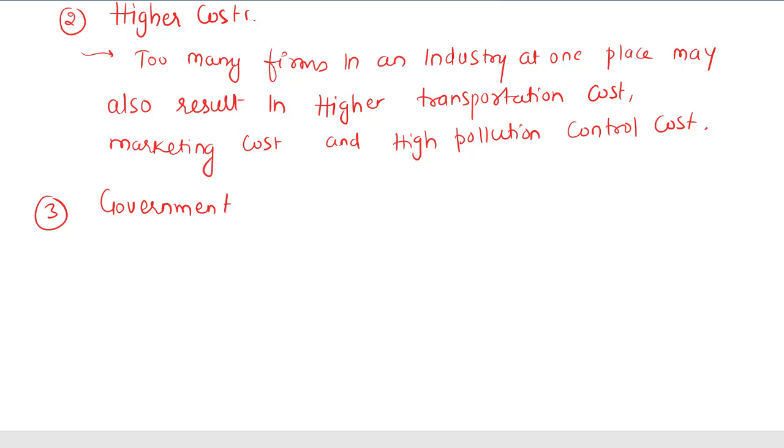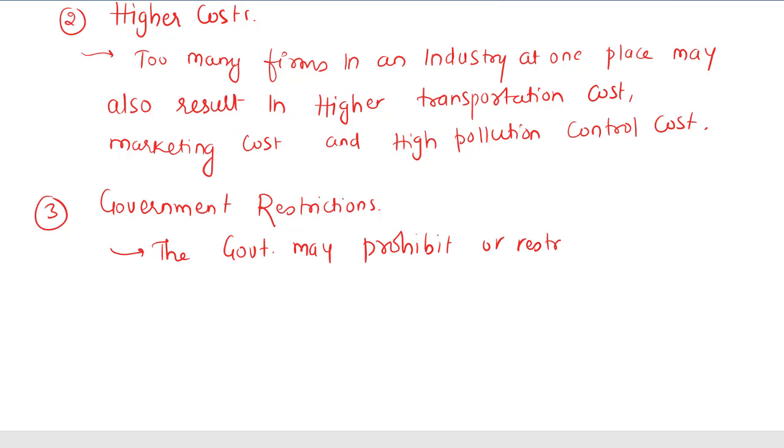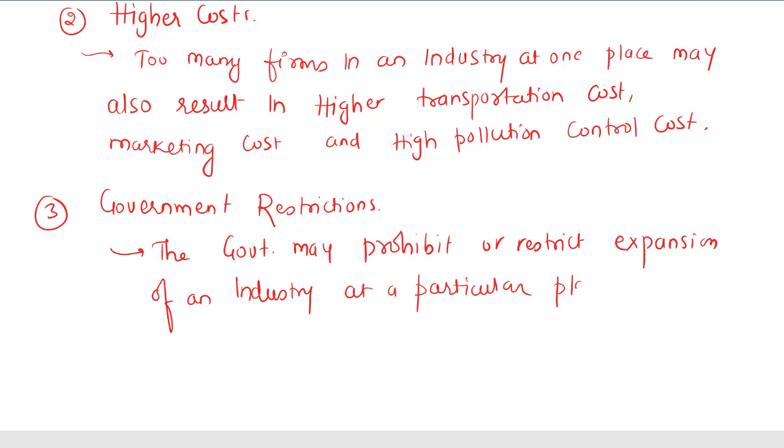The third diseconomy is that the government will put a lot of restrictions. The government may prohibit or restrict expansion of an industry at a particular place because of several reasons, by way of its policies.